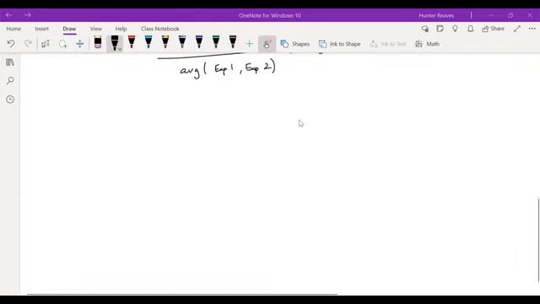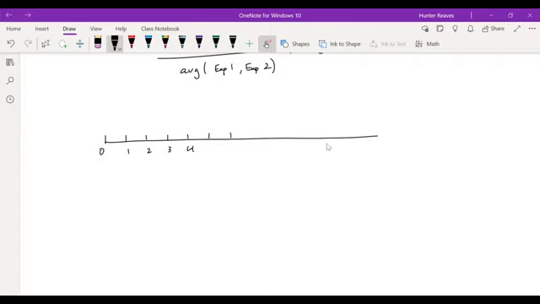So as an example, let's say I'm measuring a distance using a ruler that has increments marked at 1 centimeter spacing. So I have 0, 1, 2, 3, 4, all the way up in units of centimeters.